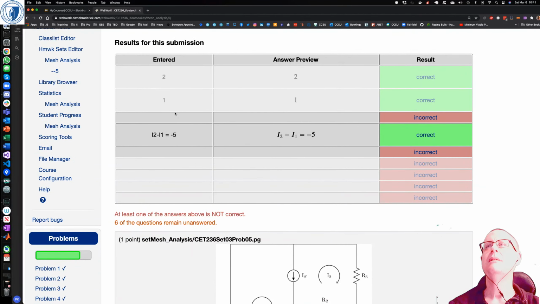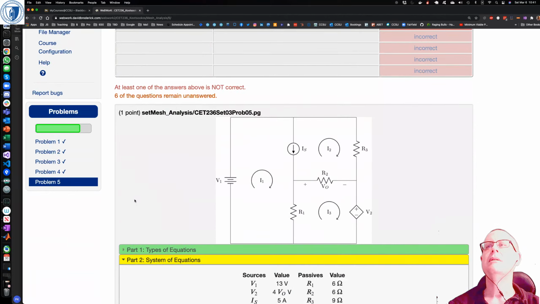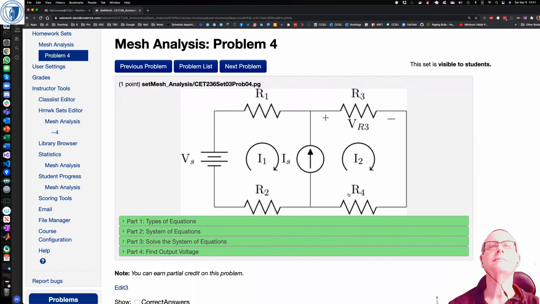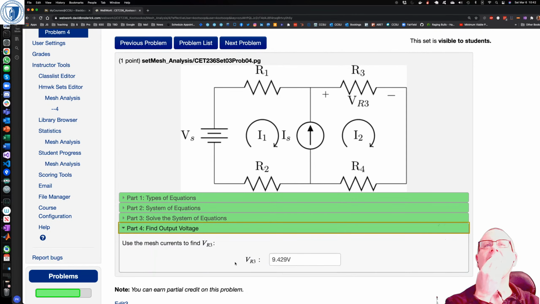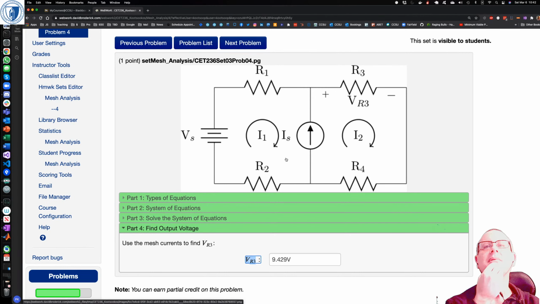One last question. In problem 4, where is the output voltage located in the schematic? Find the output voltage. That's a good question. Right, it's called VR3 in this example. Oh, okay, I see. Thank you.